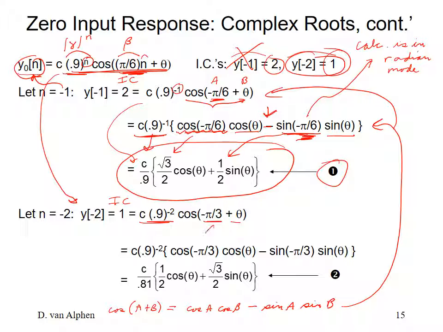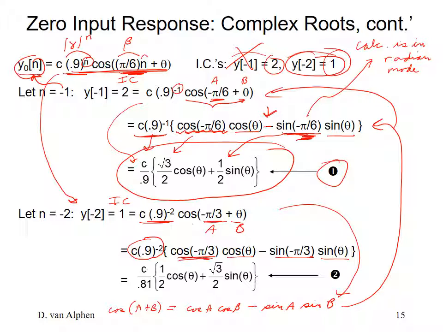Again, this is A, this is B, and I'm going to use that trig identity. So it becomes cosine A, where A is -pi over 3, cosine B, where B is theta, minus sine A, sine of -pi over 3, and then sine B, which is sine theta. Simplifying, the coefficient in front becomes c over 0.9 squared, or c over 0.81.